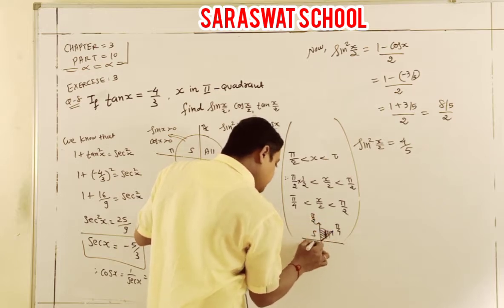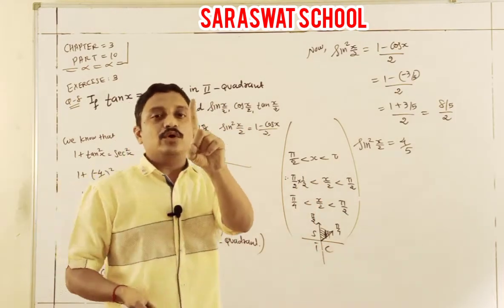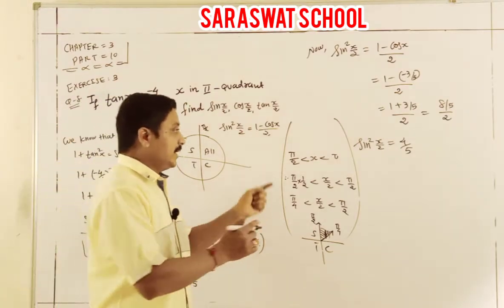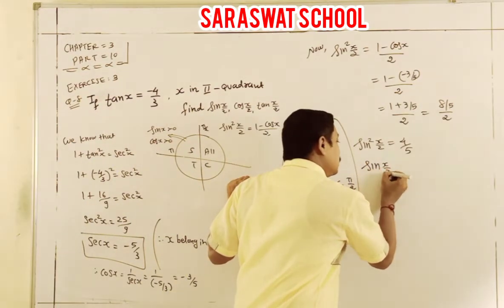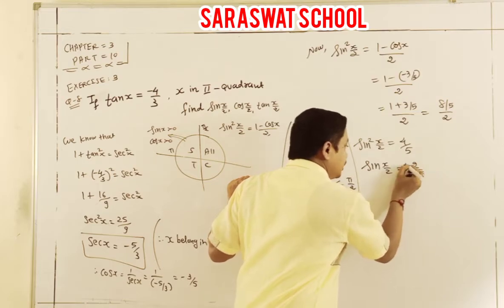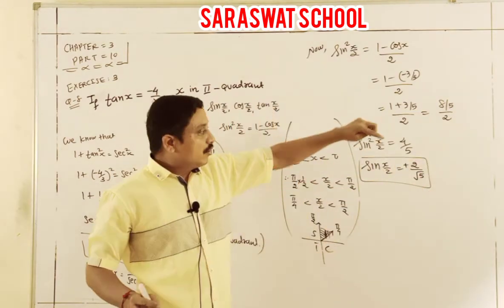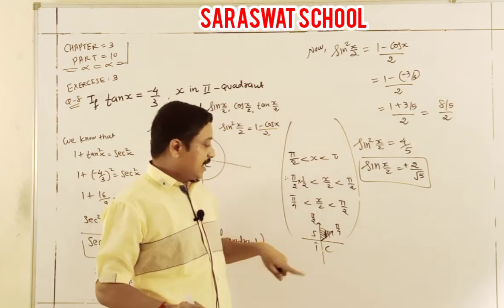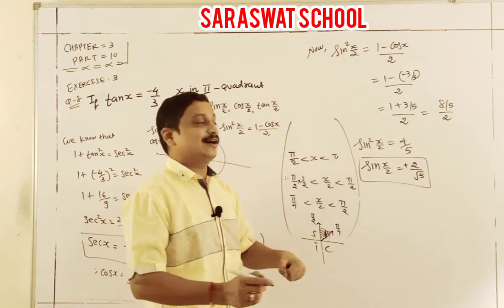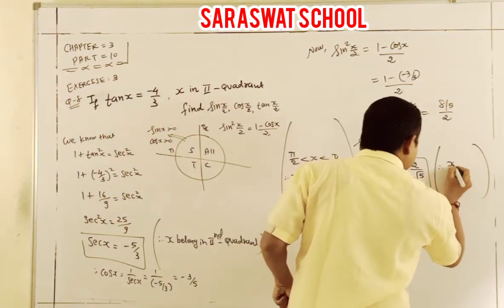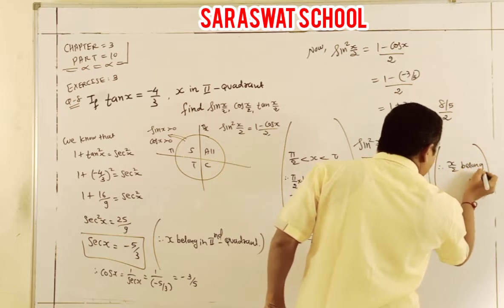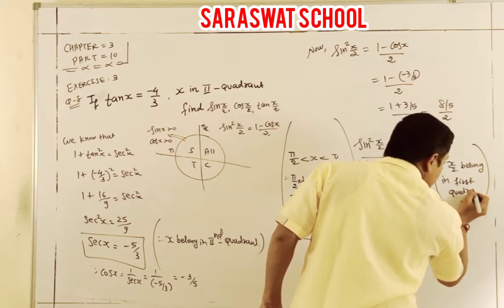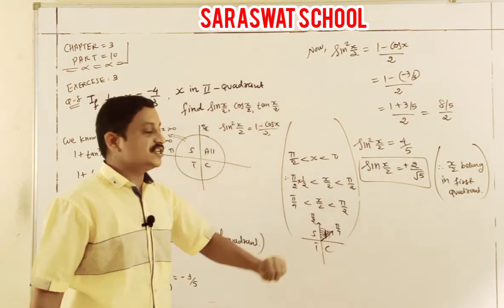In All Sin Tan Cos, you are in the first quadrant for the x by 2 angle. The x angle is in the second quadrant, but for x by 2 I am getting only 2 by root 5 as positive. Students, whenever you take a square root, the answer is positive and negative. But I am in the first quadrant, therefore write positive and mention there that x by 2 belongs to the first quadrant. That's why I finished sin x by 2 here.